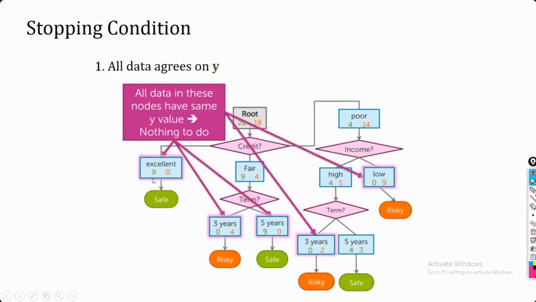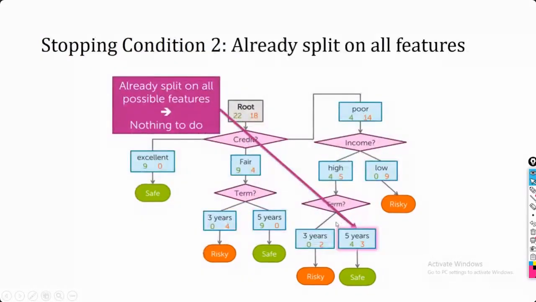Points means the number of instances. Here all of the instances are part of one class, so I can stop here. Here also it is totally skewed, and in this case also. So now I can stop splitting these nodes, because these are all totally pure nodes.